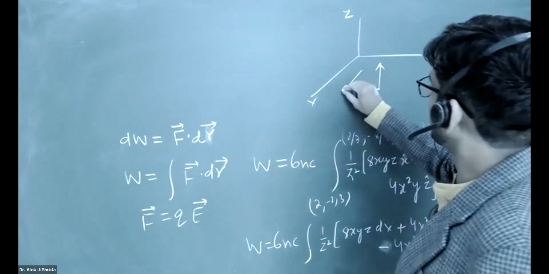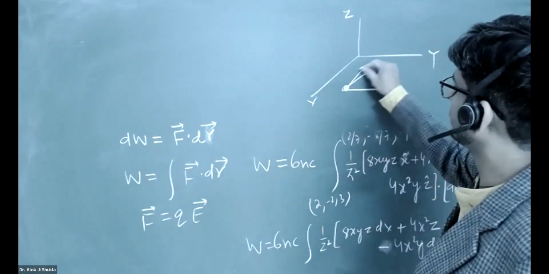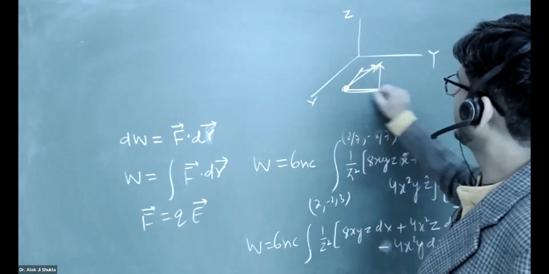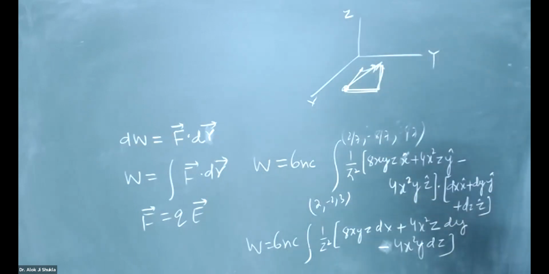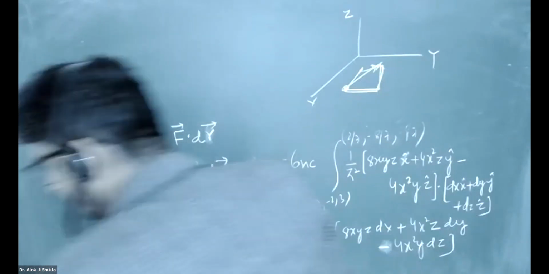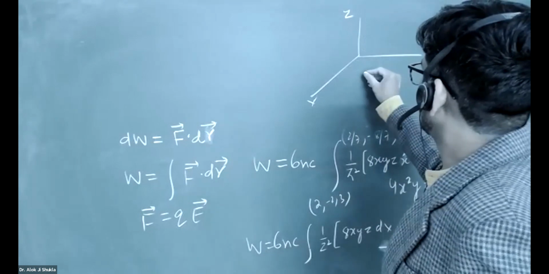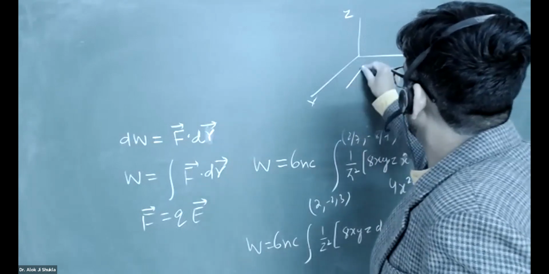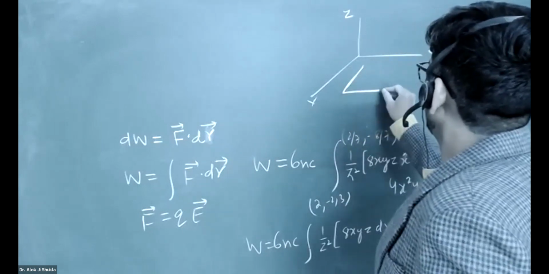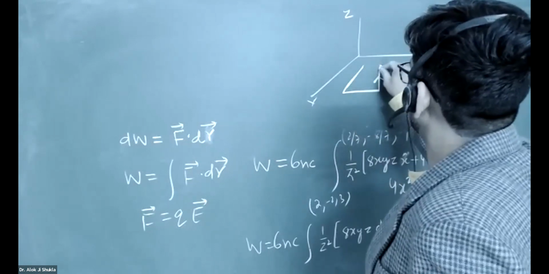Suppose you want to go from here to here. So you can go like this because the vector sum will be the same. You can go along x first, then along y, and then along z to reach this point.